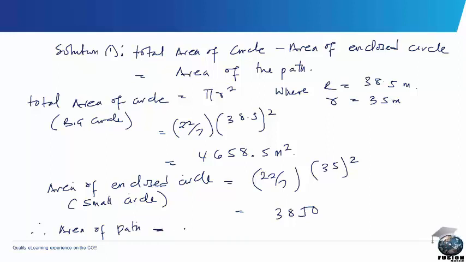So that, therefore, the area of the part is equal to the area of the big circle minus the area of the small circle, which will be equal to 4658.5 meters squared minus 3850 meters squared.